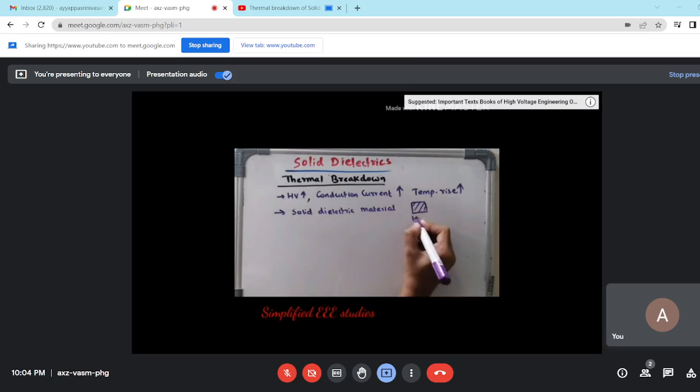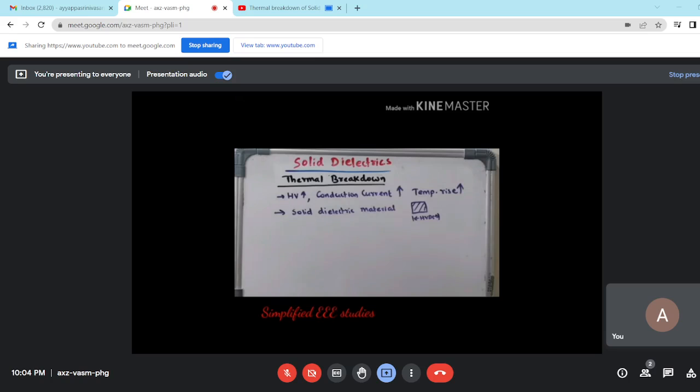You are applying high voltage DC. Whenever you are applying high voltage DC, what will happen? A small amount of conduction current will be generated inside the material. This conduction current will be moving from one end of the material to the other end. This results in a bulk amount of heat generation inside the dielectric material.